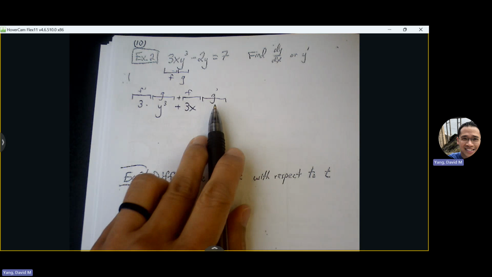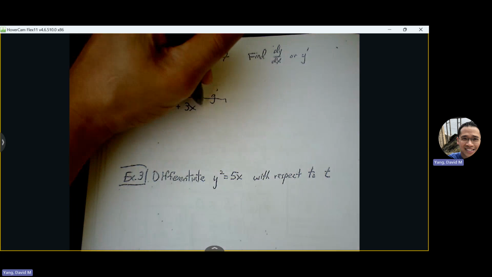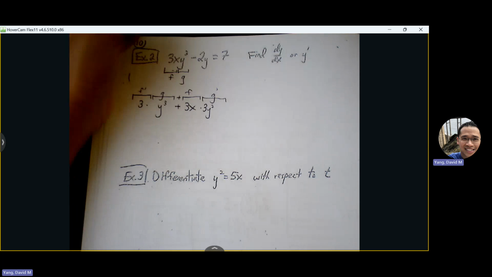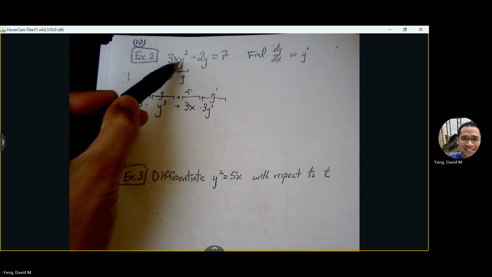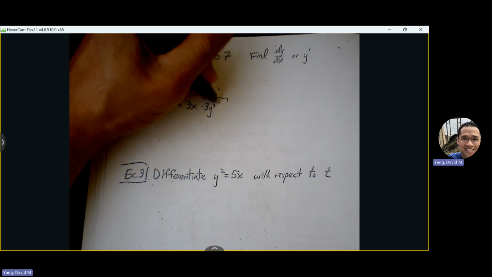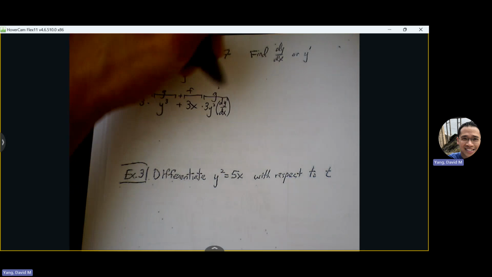G prime is asking for the derivative of y cubed, which is what? 3y squared, okay. Anything else? Good. Anytime we're asking for y's derivative, we also need to include that dy dx to indicate that we are finding the derivative of this dependent variable.